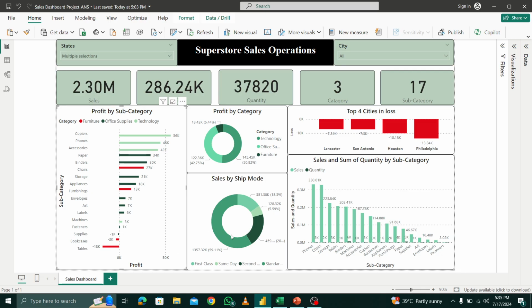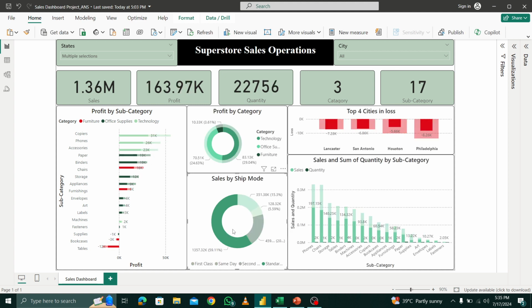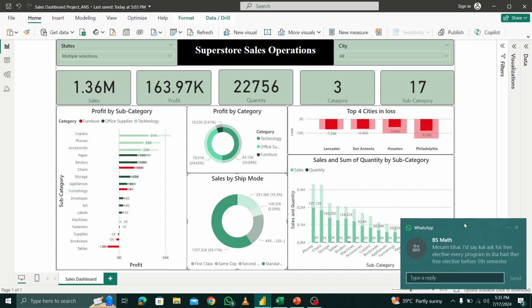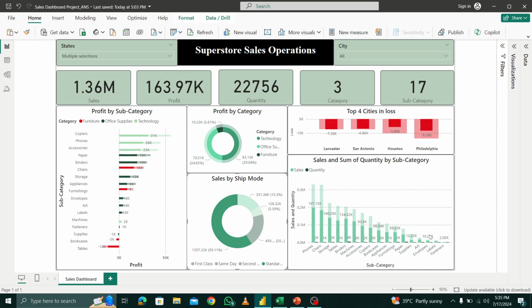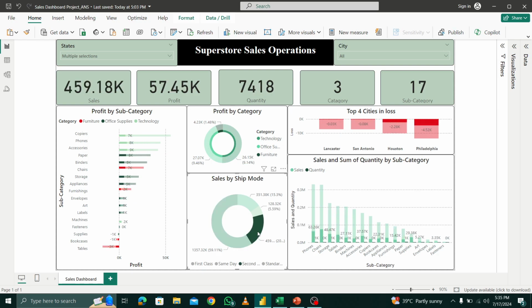We can also see that the standard class in ship mode is making most of the sales. Then comes the second class, and at the third place there is first class, that is contributing 15.3% of the sales.